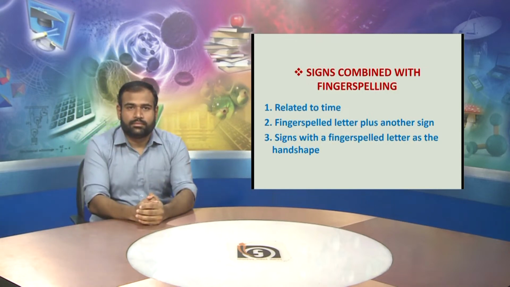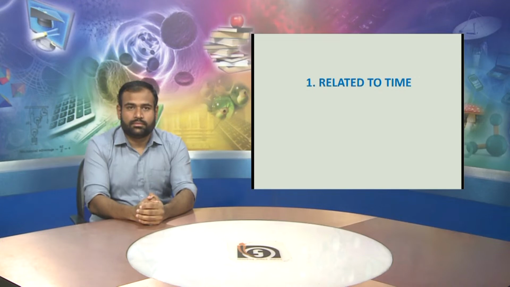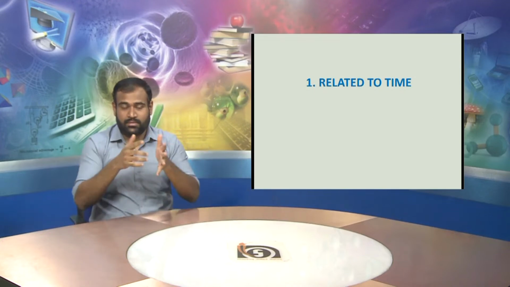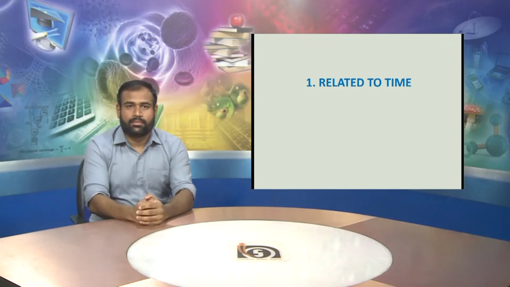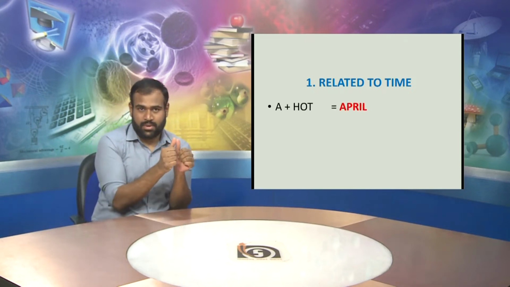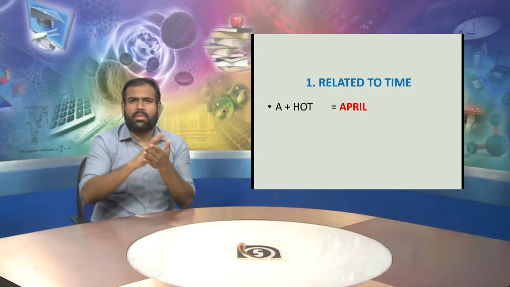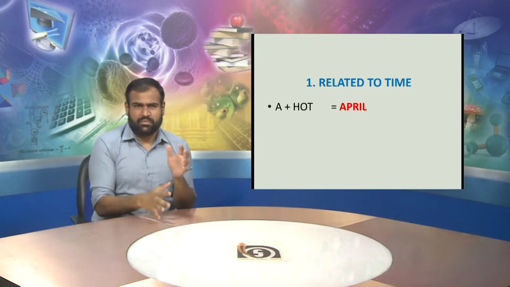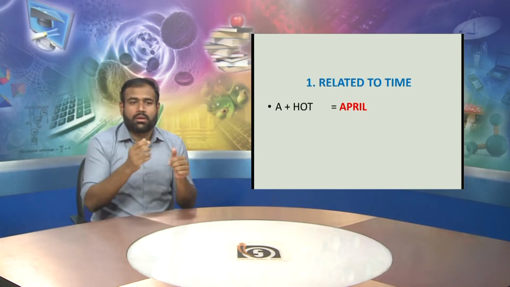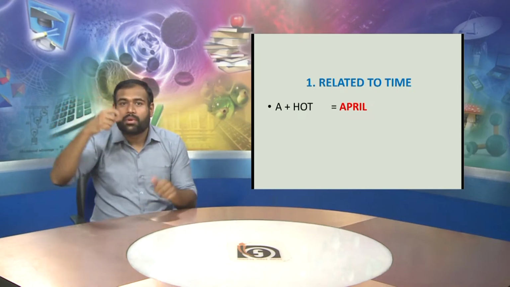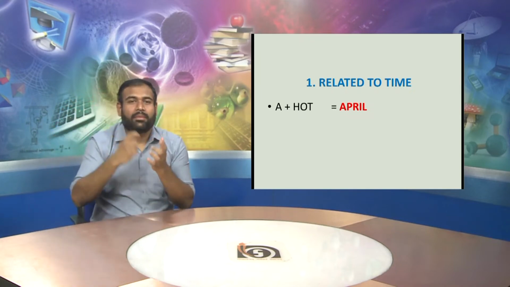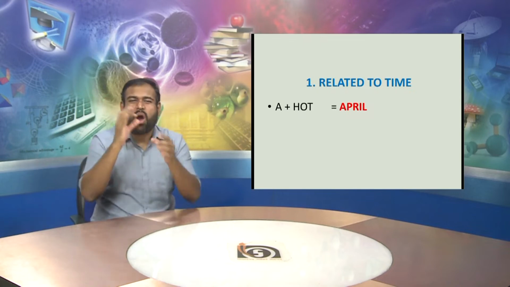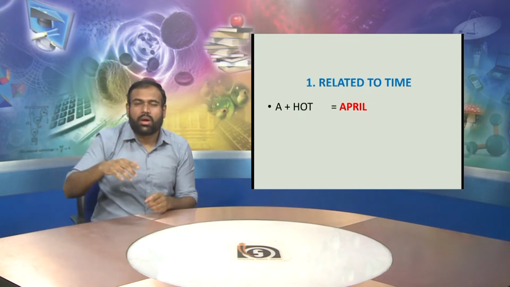And third is sign with finger spelled letter as the hand shape. Now let us see some examples when it is related to time. It is A plus hot. It means month of April. So for April we use this sign.